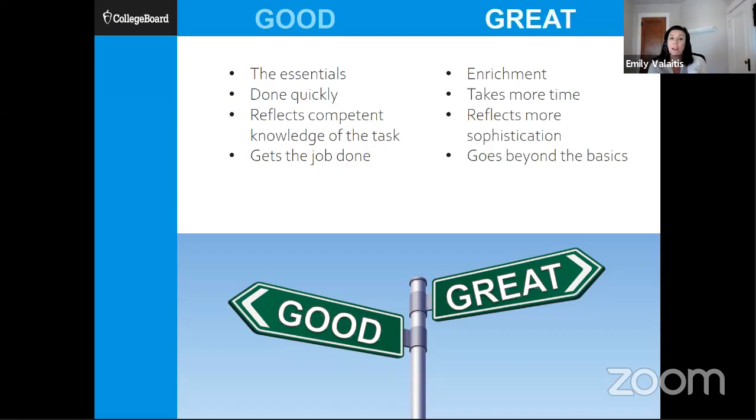We also talked about how you can take that and turn it into something that's great, that shows some enrichment or extension, that you are going beyond just the basics of the prompt or the task. It will reflect more sophistication. There are 2 roads you can travel down, the good road or the great road. Both are wonderful. And a lot of it really depends on your time management and how well you understand the prompt or the passage that you are looking at.